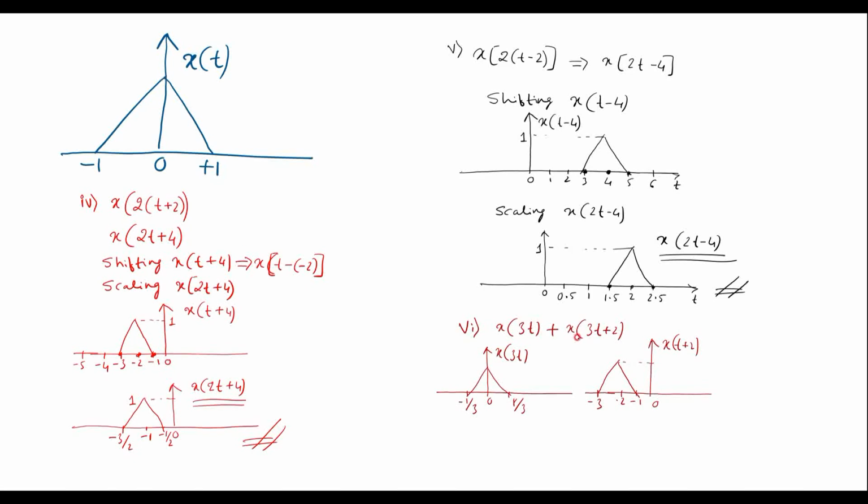Now we'll perform x of 3t plus 2. So x of 3t plus 2 is obtained by compressing x of t plus 2 by scaling factor 3. So x of 3t plus 2 signal is 0, minus 1 by 3, minus 2 by 3, and this is minus 1.